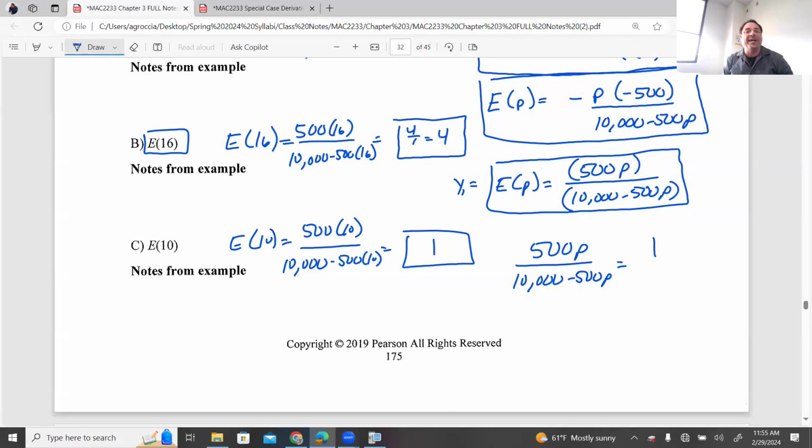Algebra, algebra, algebra. So right now, I want you to solve this for P. And I will give you one hint. The one hint is I'm going to do 1 over 1. And remember, you can cross multiply. But do the algebra to find P. If you can't do the algebra, you can't find the best price. You can't continue with the problem.